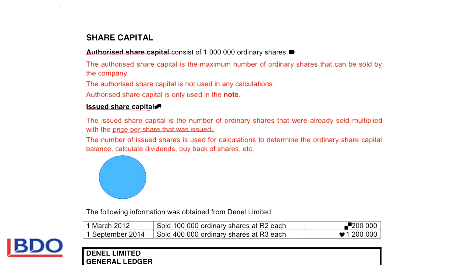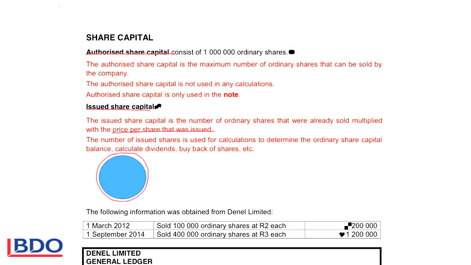That means if we take this blue ball, it's like a cake, the company can issue this whole cake that consists of 1 million ordinary shares. That is the maximum number. If this million is finished, they can't sell any more shares. You don't use the authorized share capital in any calculations. You only use it in the note.